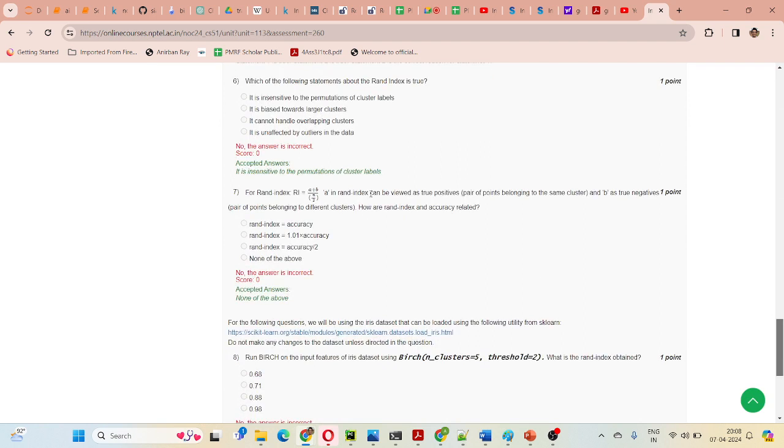The Rand index can be used with true positive and true negative. I have seen it on Wikipedia, and I posted it on the message box. So it is given similar to the accuracy: true negative plus true positive divided by true negative plus true positive plus false negative.